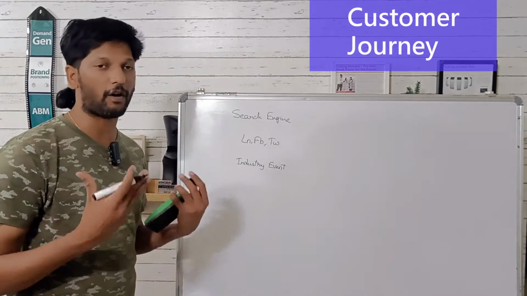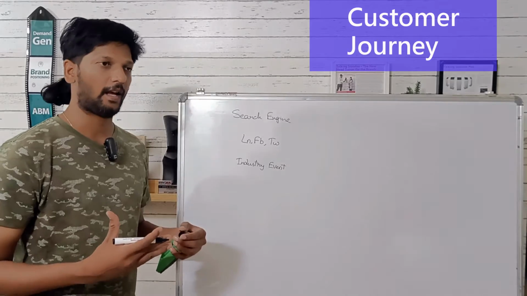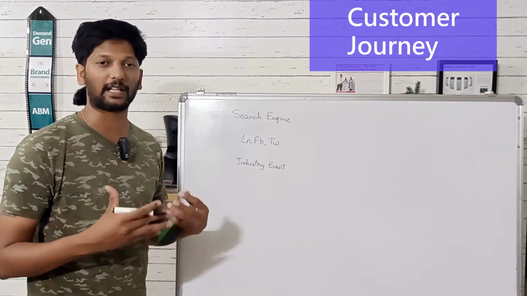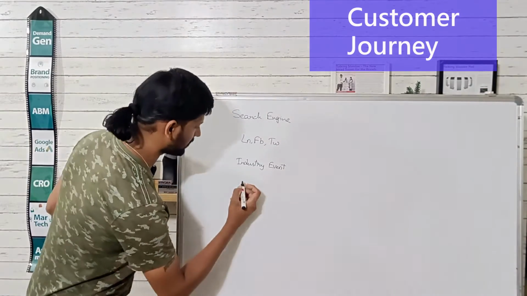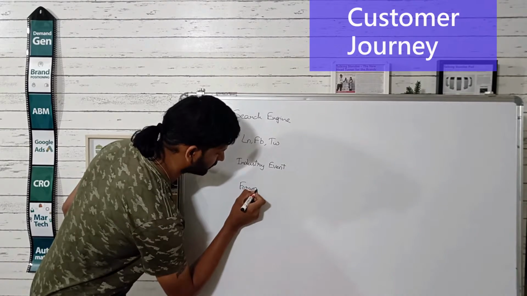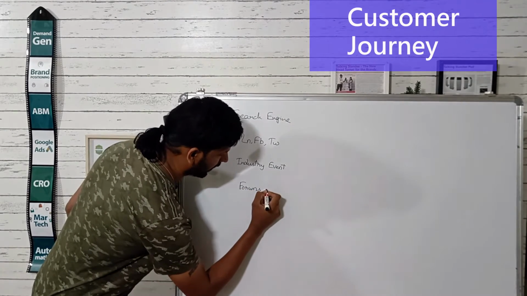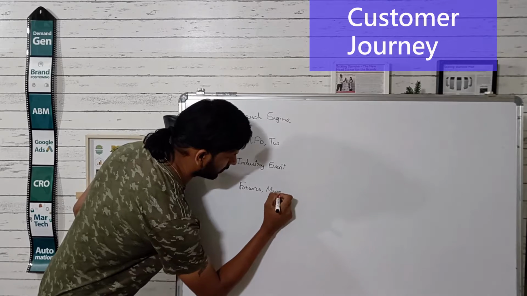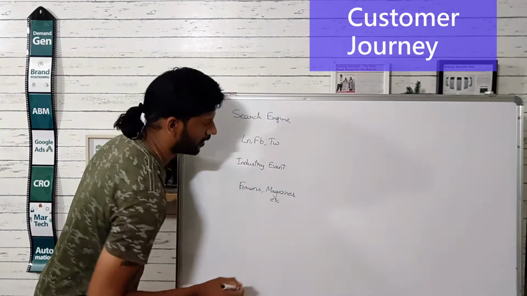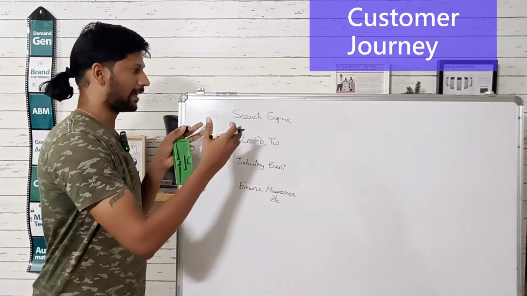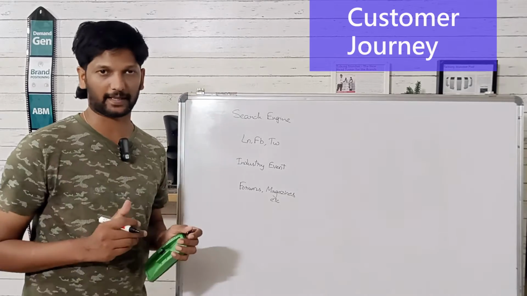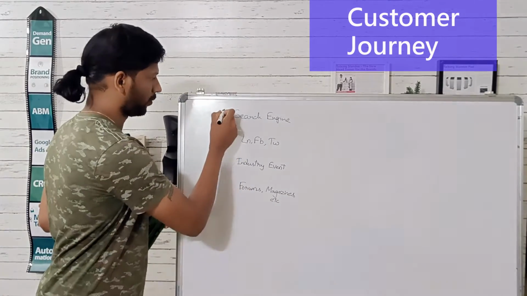There are forums, there are different ways where people can find information about a specific topic or a product that they're looking at. And others, as in forums and magazines, etc. So let's try to understand, these are the places where you can grab the attention of your prospects, isn't it? So this is level one.